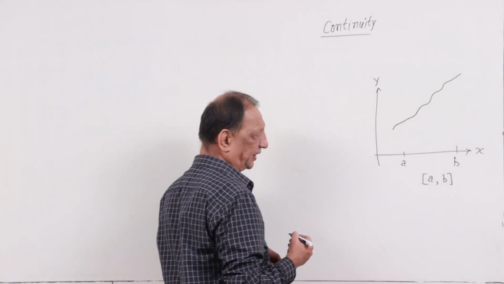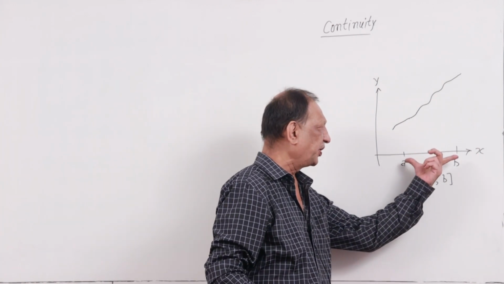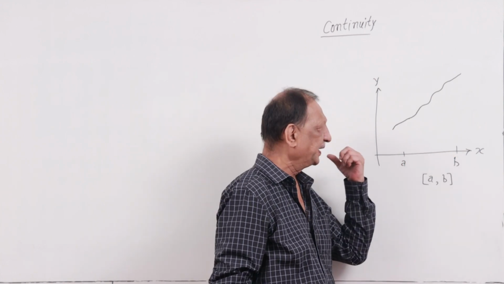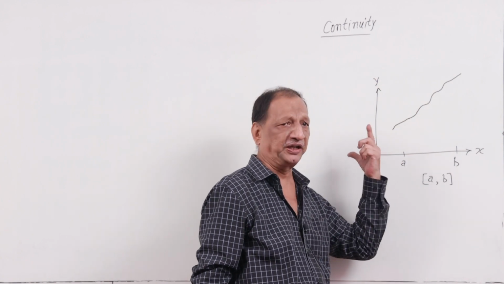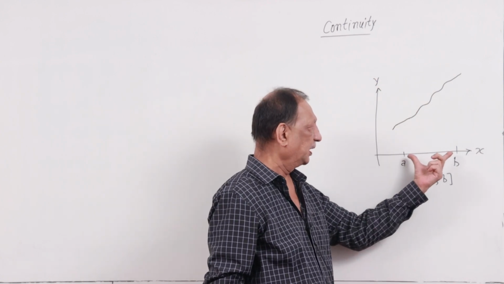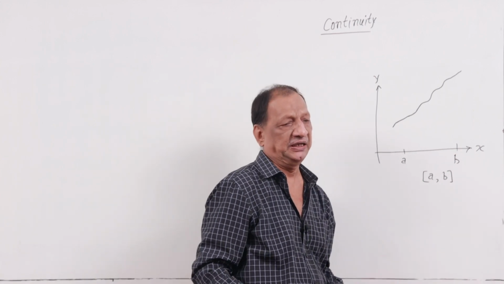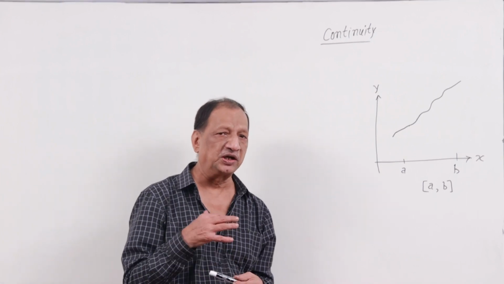We can look at a closed interval, square brackets, A comma B, which means all the points between A and B, inclusive of A and B. That is the set of points. And we would like to see whether a function is continuous in this particular interval. Now, obviously, this interval must be within the domain of the function. A function is defined always for only a subset of real numbers, which we call the domain.